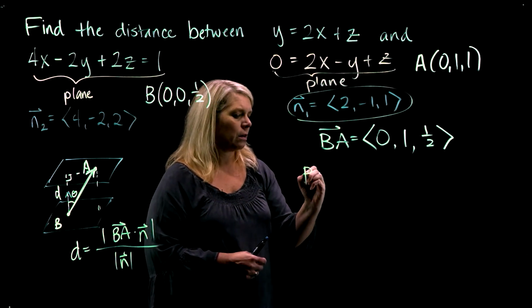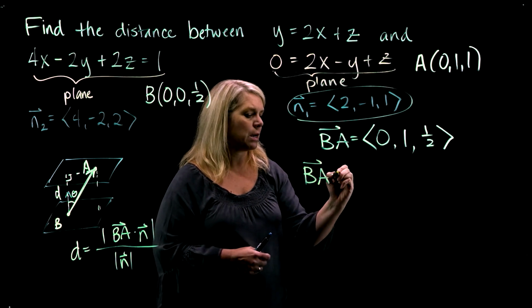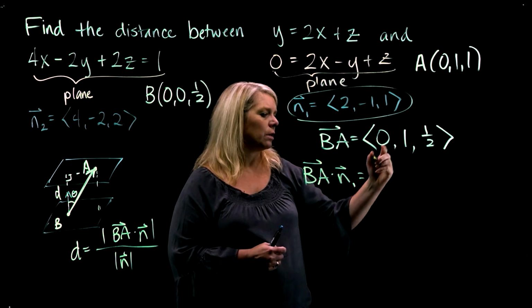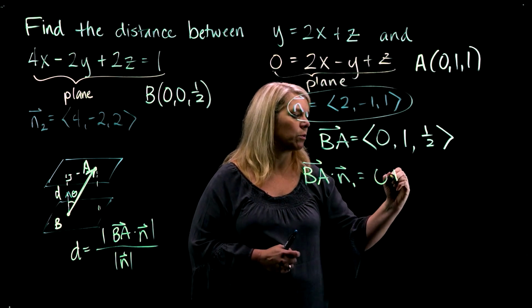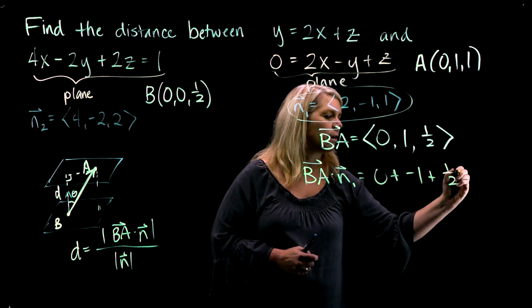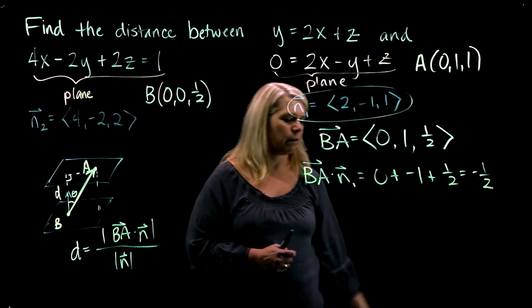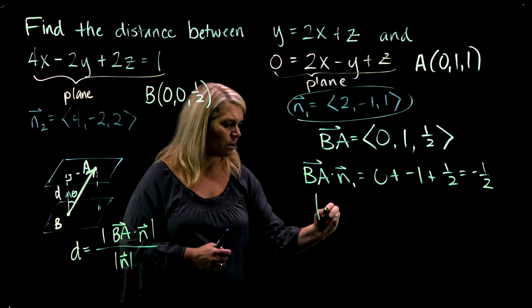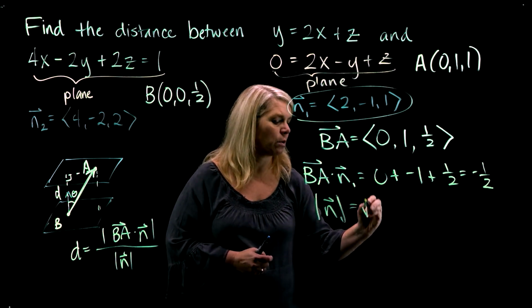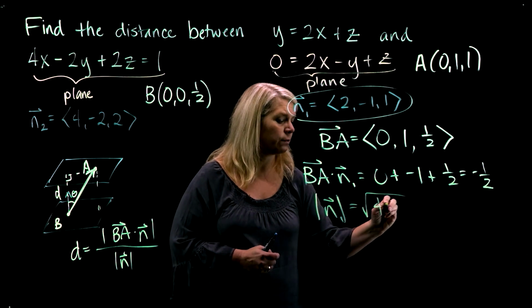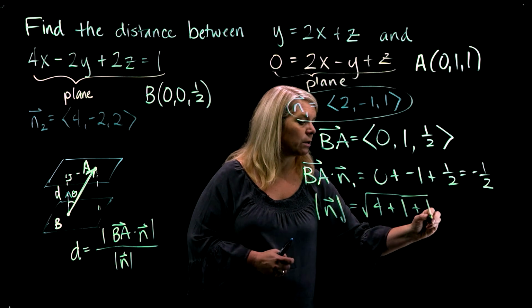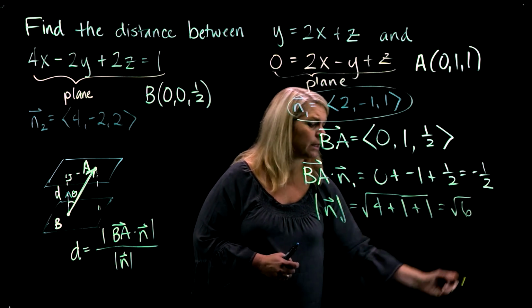All right, so let's do the dot product here, BA dot N1. So our dot product, 2 times 0 is 0, -1 times 1 is -1, and 1 times 1/2 is 1/2, so -1/2. The magnitude of N1, so we will have square root of 2 squared is 4, plus -1 squared is 1, plus 1 squared is 1, so square root of 6.